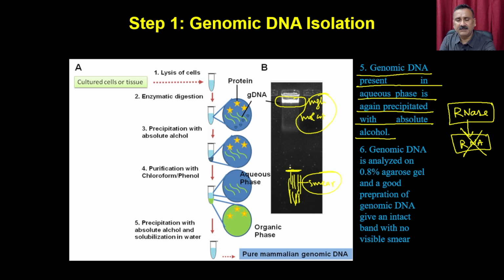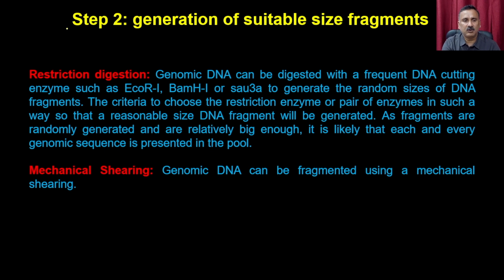Now, the next step is step 2. You are going to have the generation of suitable size fragments, because genomic DNA is very long. For example, when we were talking about the genetic material in the eukaryotes, we said that in humans the length of the genomic DNA is approximately 1 meter, right. So, this kind of lengthy genomic DNA cannot be analyzed for probing purposes.